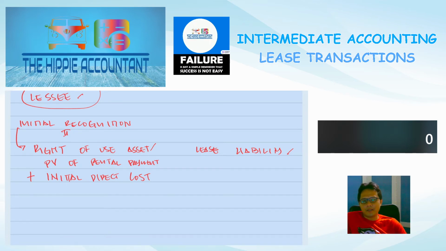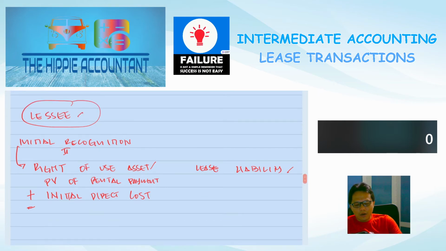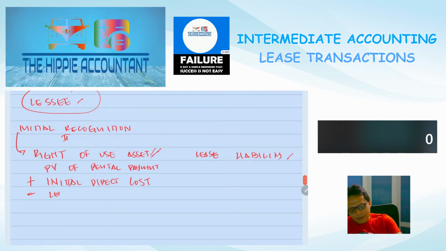Okay? You will be reimbursed by the lessor. Yan yung tinatawag natin na mga lease incentive. Okay? Lease incentive. So, itong lease incentive, dapat ibabawas natin yan siya. Okay? Ibabawas yan siya para makuha yung right of use asset. Okay? Lease incentive. Ibabawas yun siya.